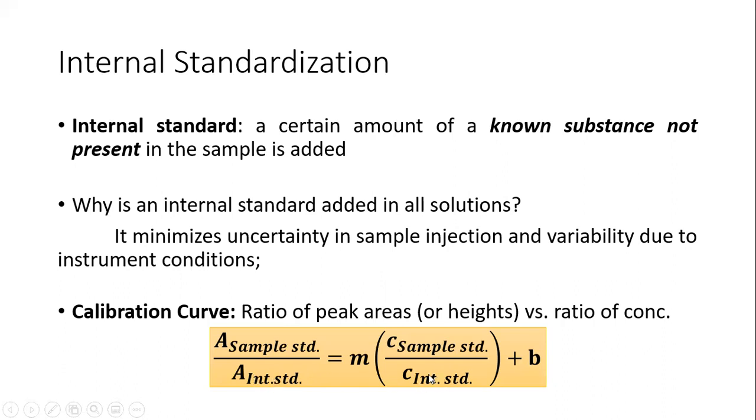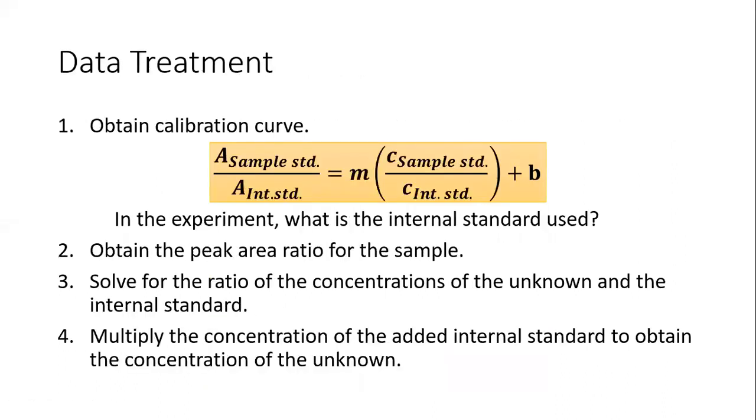And for the X value, you have the concentration of your analyte or the sample standard, all over the concentration of your internal standard. So for the data treatment, of course, you first need to obtain your calibration curve.